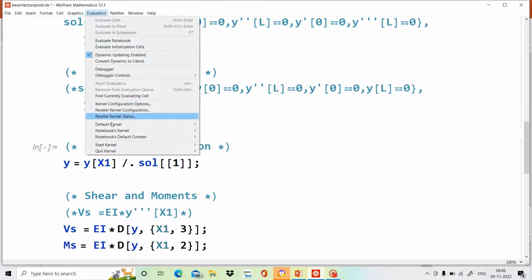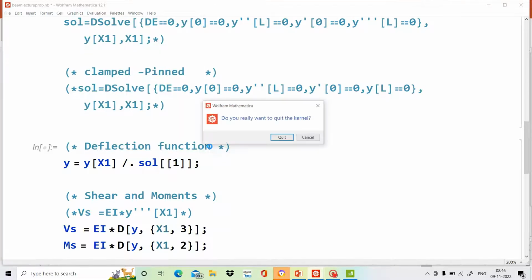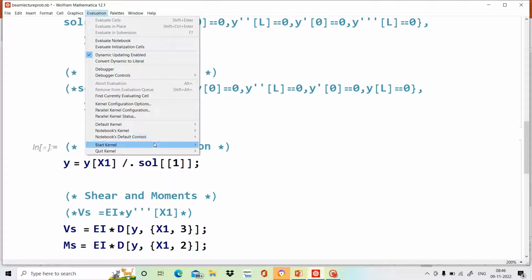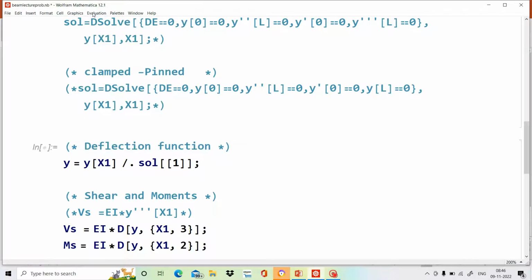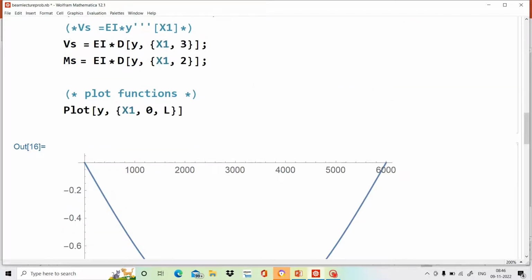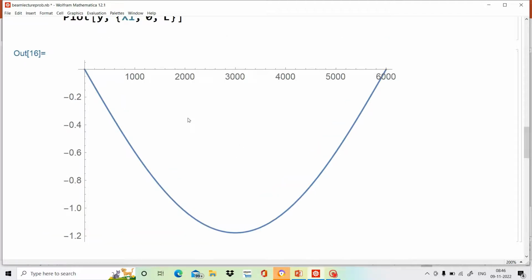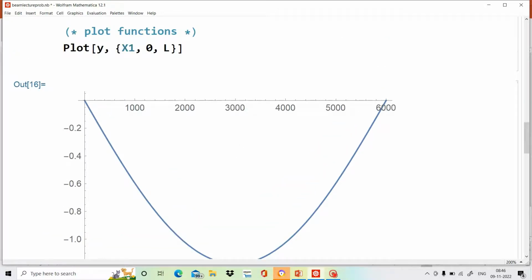So now we will run. Before that, let's put in the kernel, then run this and we will see. Yeah, so we get here the first one, the plot of y, the deflected function.